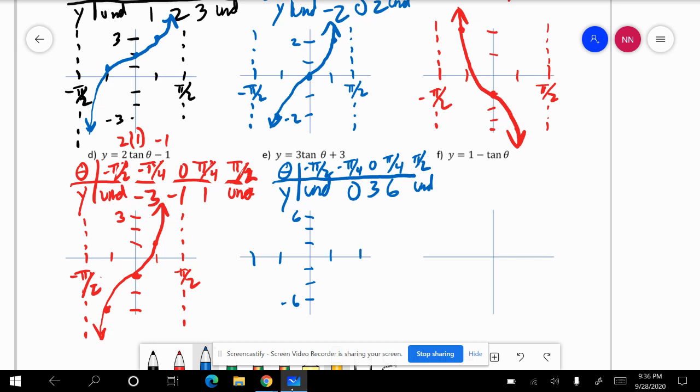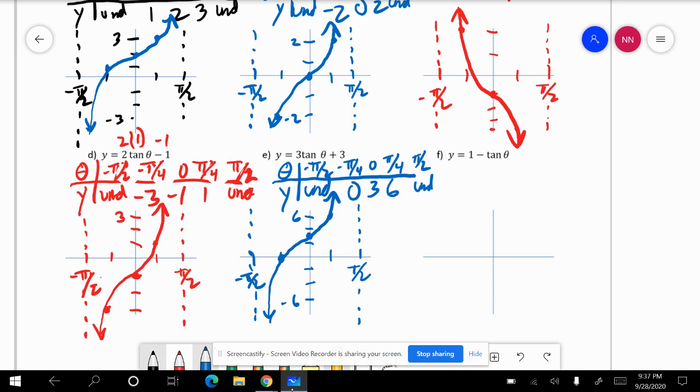So we have our vertical asymptotes. We have our point at 0. We have it at 3. And what we have is it at 6. We're going to make sure that the arrows look like they're approaching the asymptote. And that would be it for E.